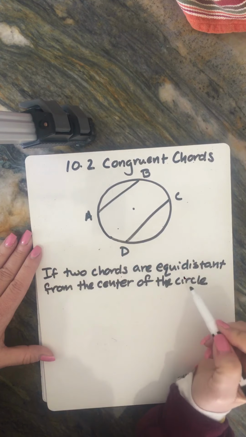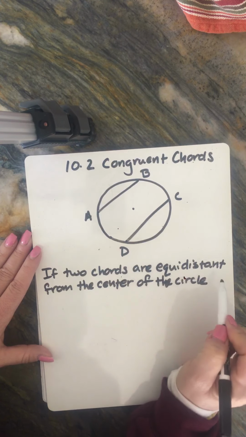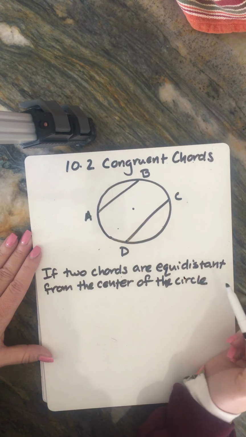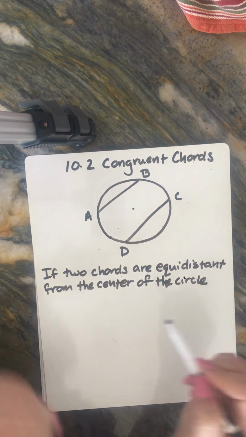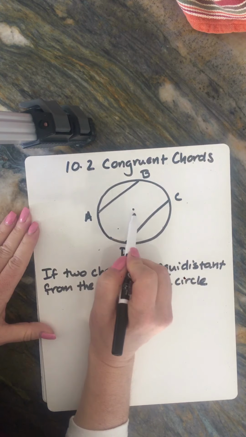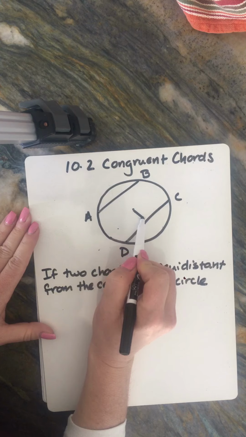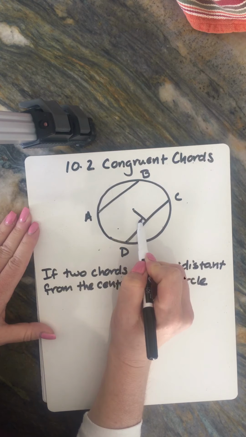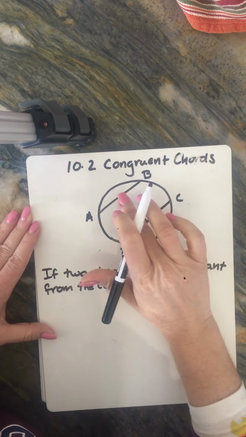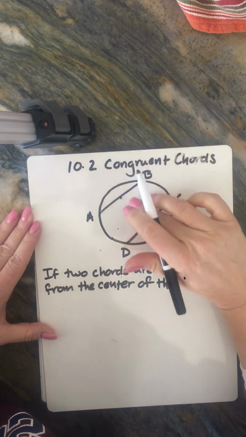So chords are equidistant. Remember back, equidistance, an old word we've used in the past, equi being equal, distant being distance. So if two chords are equidistant from the center of the circle, to measure their distance, we draw a line perpendicularly from the center to the chord. That doesn't look very perpendicular, does it?